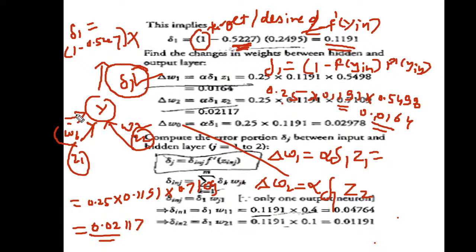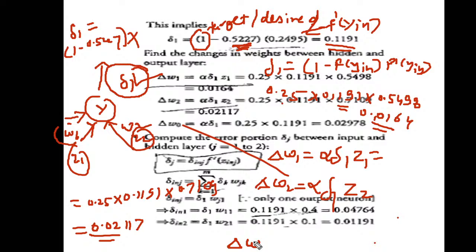Now you know that there is one bias also, and the bias formula will be very simple, because the input which is coming from the bias is 1 only. For example, here Z1 is coming, Z2 is coming, right? So here 1 only is there, so the formula will be straightforward.